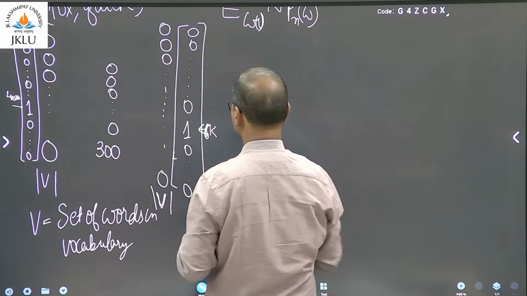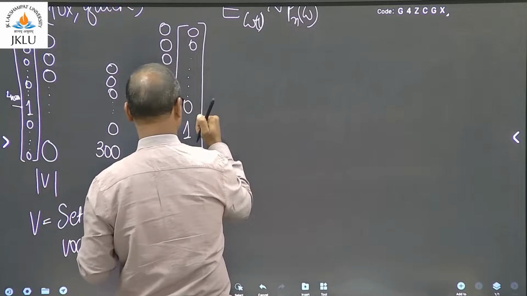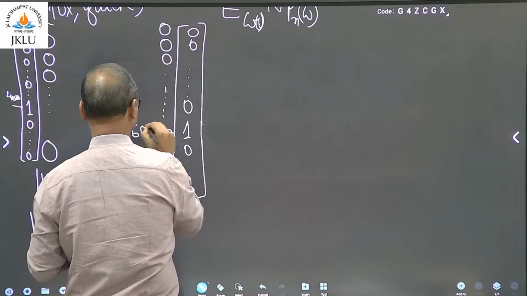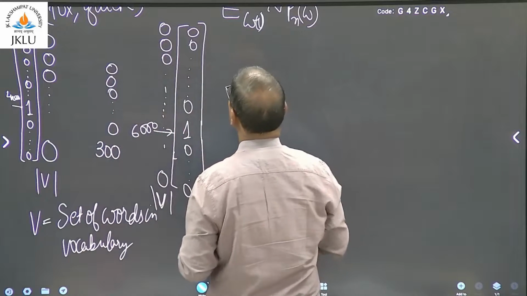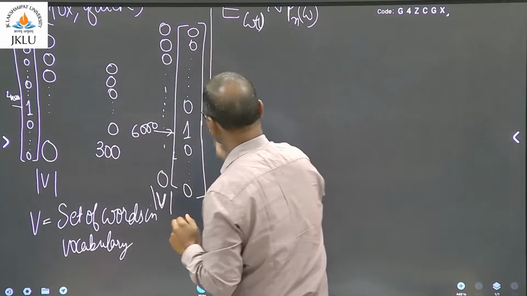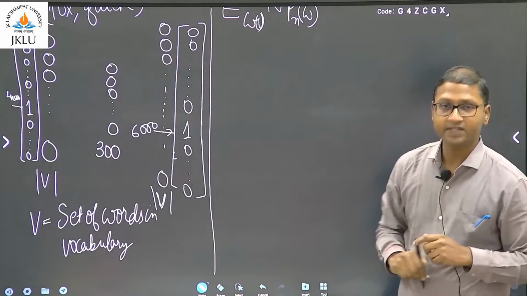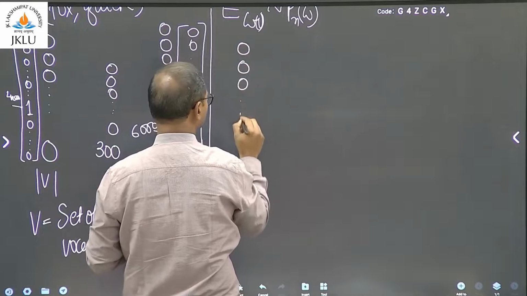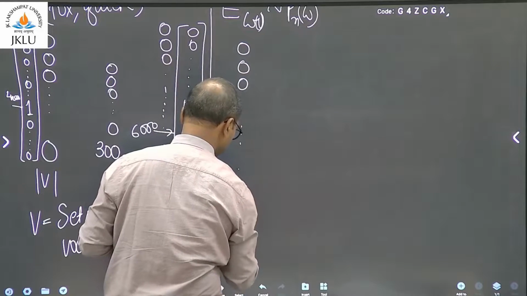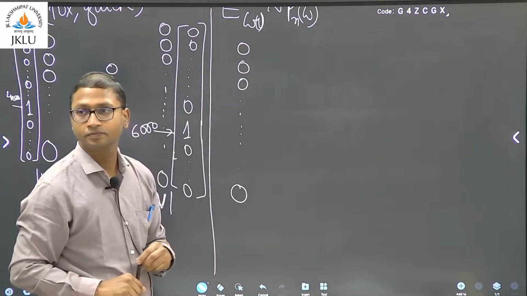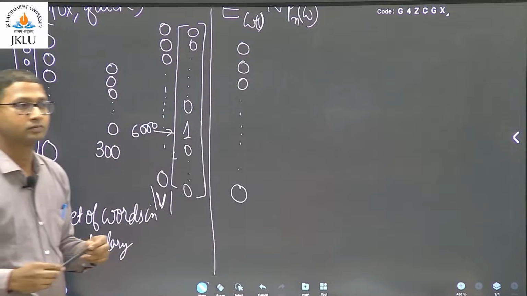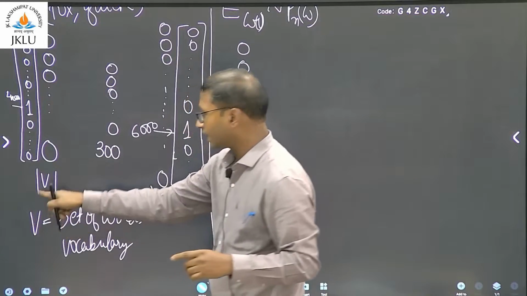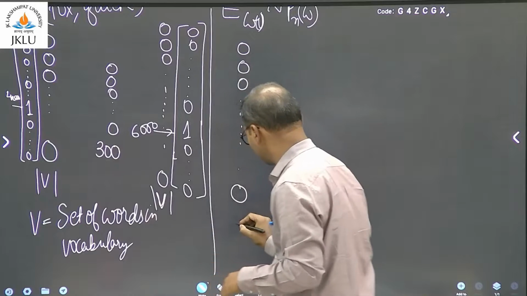Now what happens for whatever we did yesterday? How many neurons in the first layer? We are keeping it mod V now.